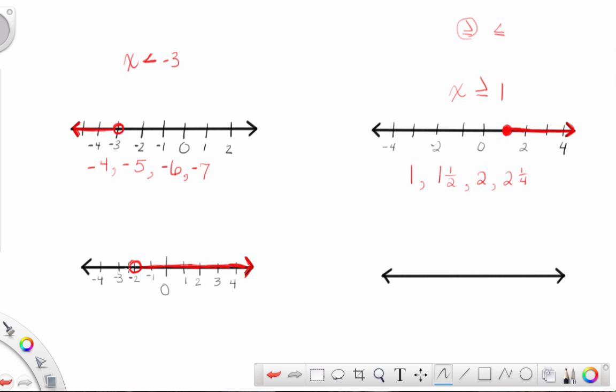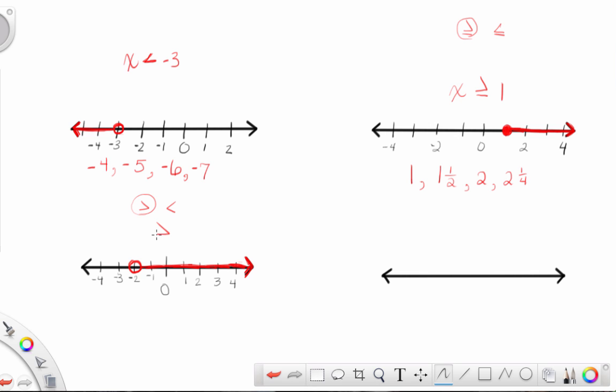For our next graph, I look at the circle first. It's an open circle instead of a closed circle, so that means I know it's either going to be greater than or less than. No line underneath because it's not a closed circle. Now I look at the direction of the shading. The shading is on the right-hand side, which means it's greater than. So we're going to use greater than since all of the shading is bigger than -2.